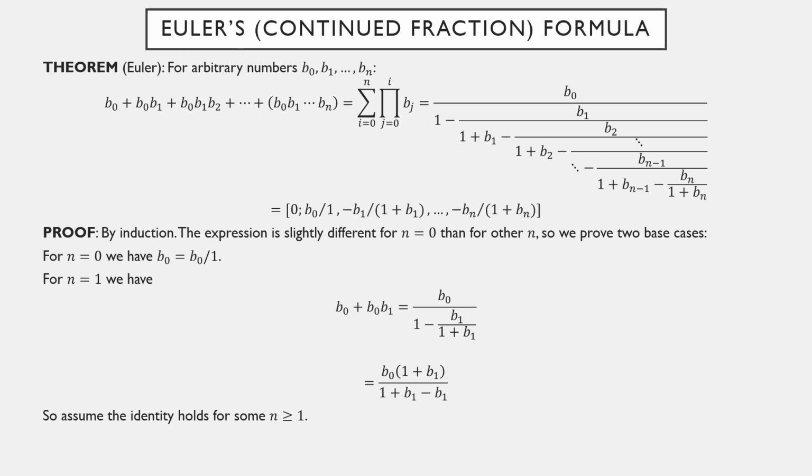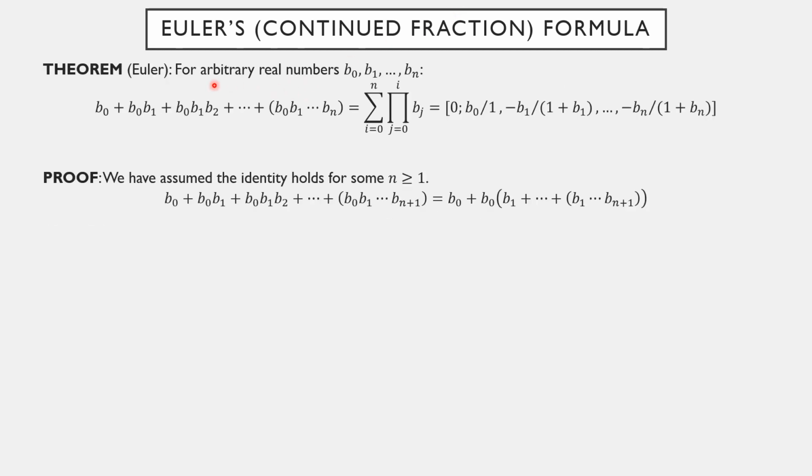Okay, so now let's assume that the identity holds, the one at the top of the page, for some index n bigger than or equal to 1. The only reason we had to prove two base cases, by the way, is because the formula does look a little different at index 0. So our inductive hypothesis is that whenever we have a collection of numbers matching this pattern, starting at index whatever, okay, the particular numbers don't matter as long as we count up from some index, end at a term that has n larger, meaning this product, by the way, has n plus 1 terms in it.